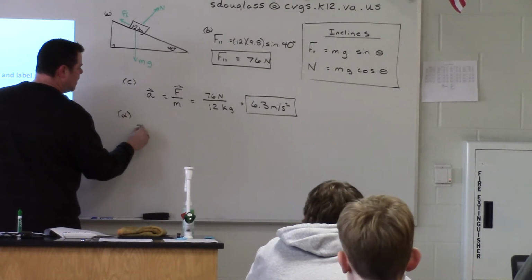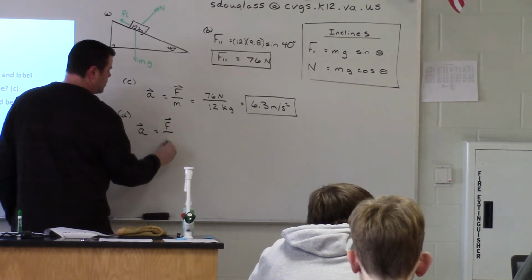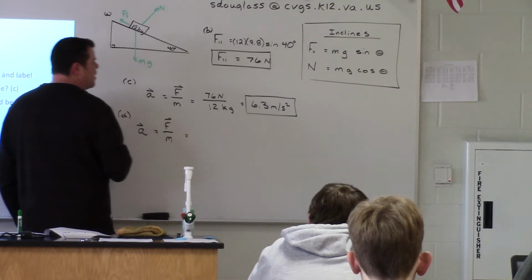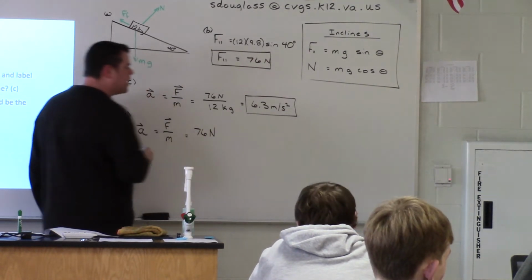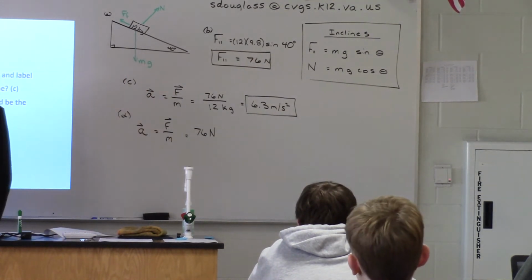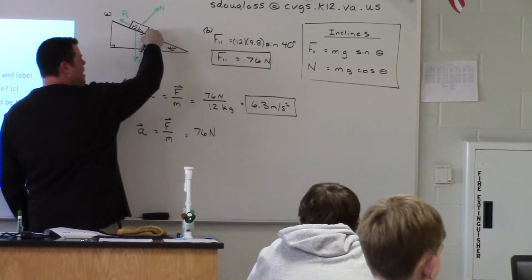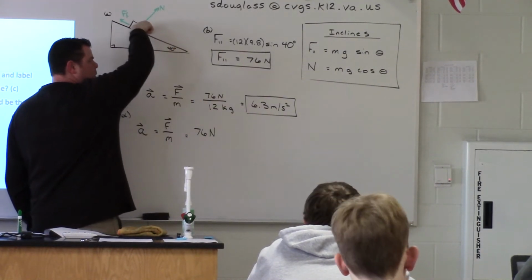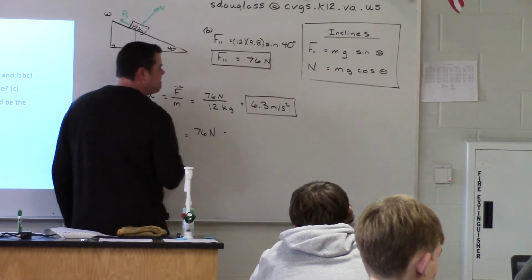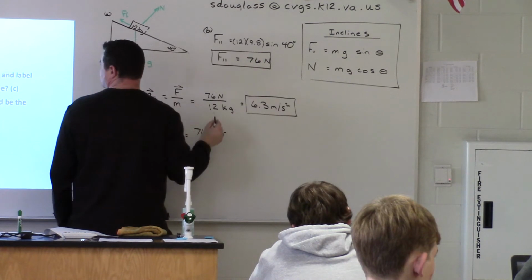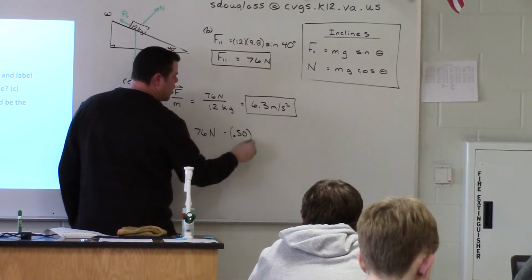So for part D, to find the acceleration, we're again going to say net force over mass. The net force is 76 newtons, the force down the incline. And what are we going to do with the friction? We're going to subtract the friction from the force that acts down. So parallel force is the component of the weight that acts down the incline. Friction opposes it. Force of friction is the fun equation, the coefficient times the normal force. That's the coefficient.